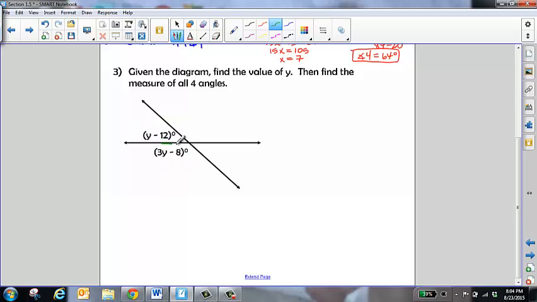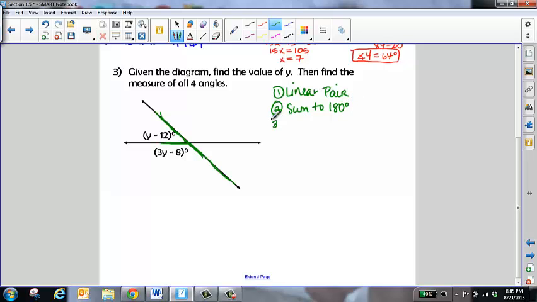So y minus 12 is representing this angle, and 3y minus 8 is actually representing this angle here. So together, these 2 expressions are actually forming a straight line. So the type of angle pair that we have is a linear pair again. Even though the diagram might make you think that we've got vertical angles, it's actually a linear pair. So that means that they're going to sum to 180.